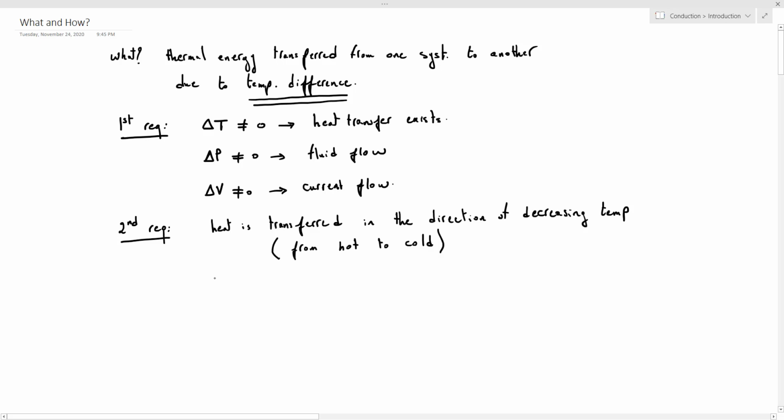And similarly for fluid flow, you should know from fluid mechanics that fluid flows in the direction of decreasing total pressure.